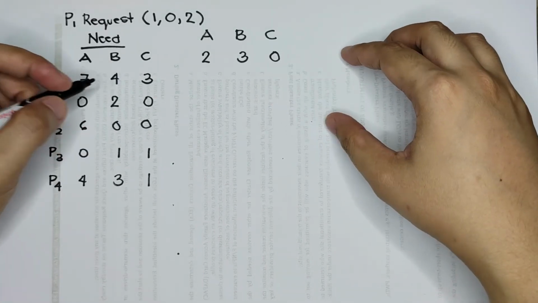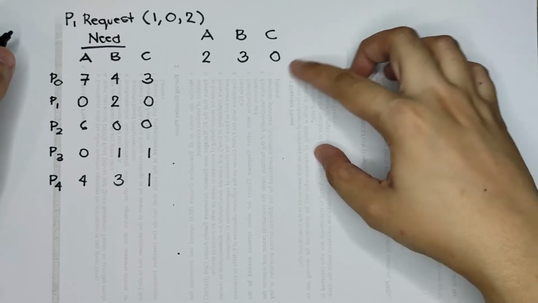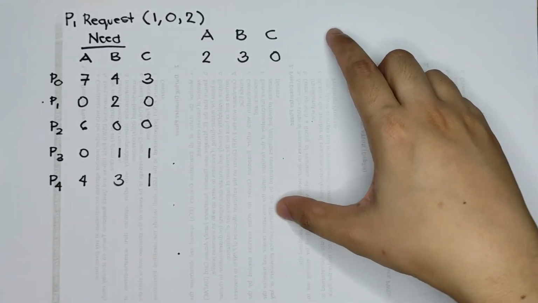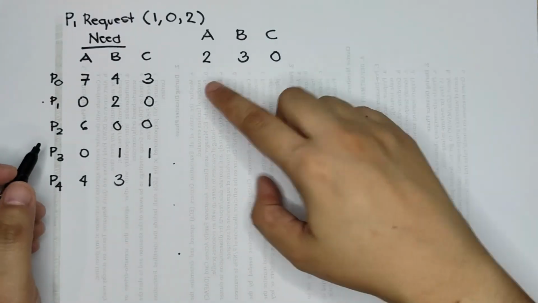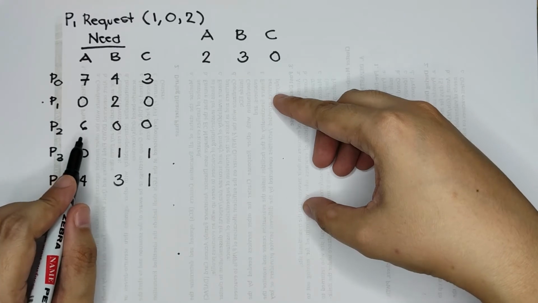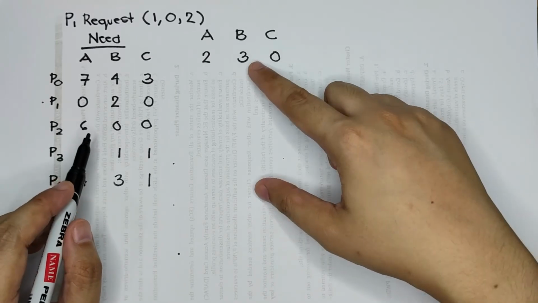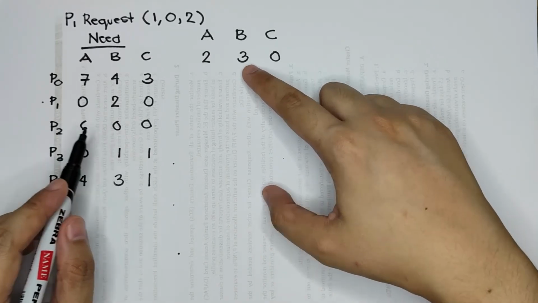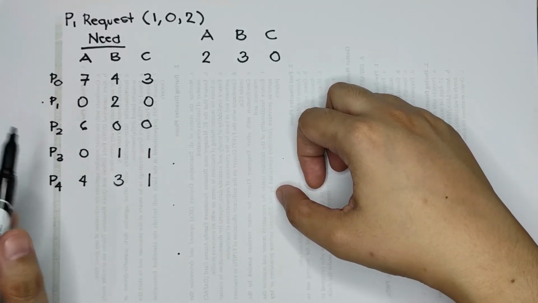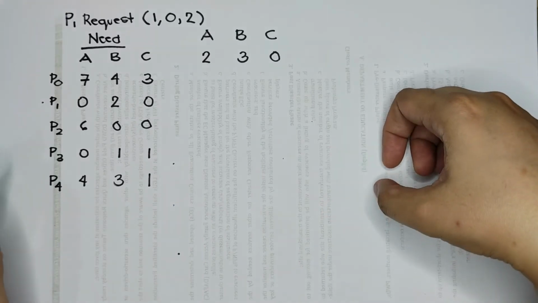And then it does not need any resource from C. So, this is our possible candidate. P sub 2 is not possible because resource A is too big. We have 6, though B is 0. But, of course, we have to make sure that all of the resources can be acquired at the same time.